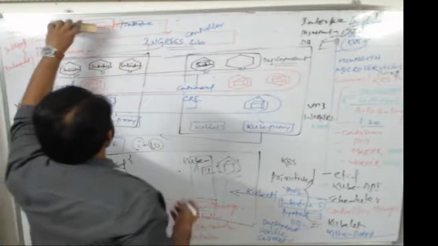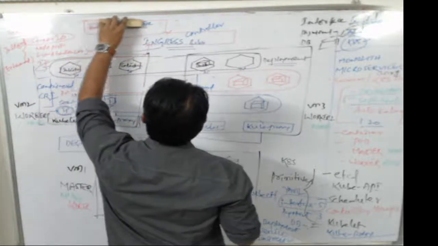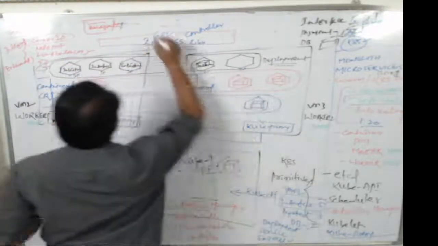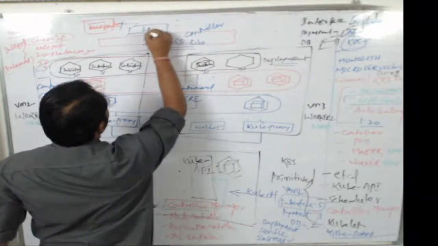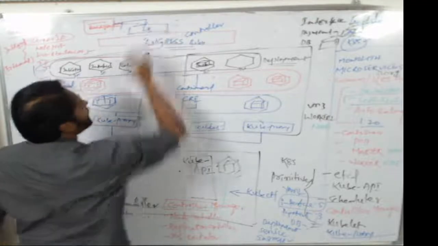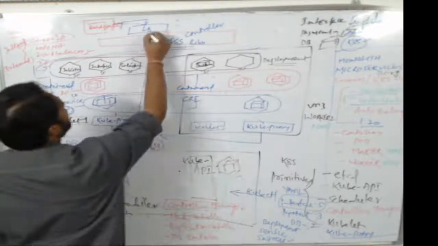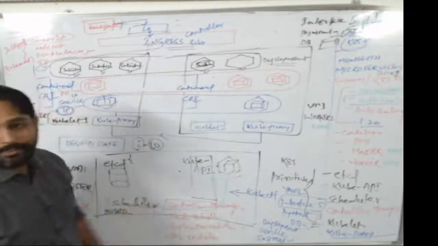So what we have is, you have external users, and then a load balancer. A load balancer will redirect it to ingress controller.